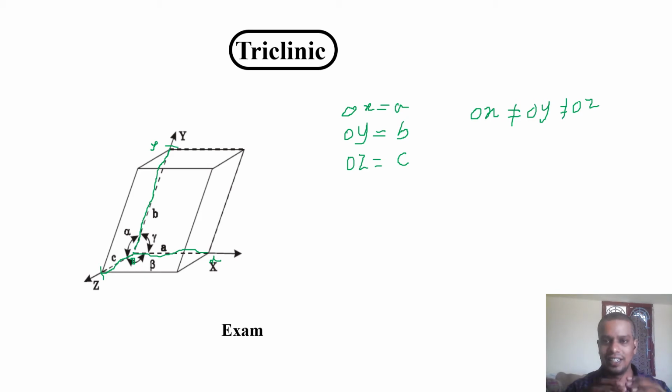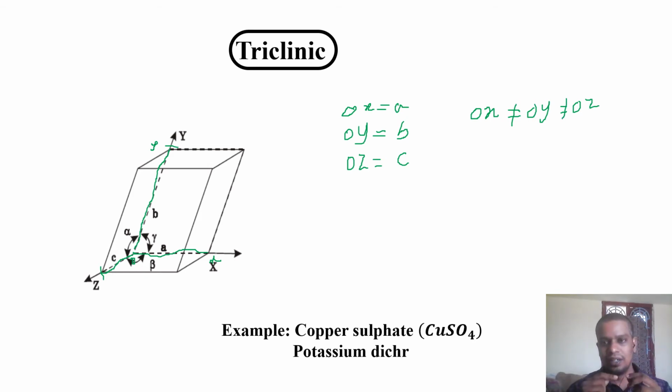This is the same as for the monoclinic and orthorhombic systems. Now we are going to look at the interfacial angles to define the triclinic system, which is different from the monoclinic and orthorhombic.